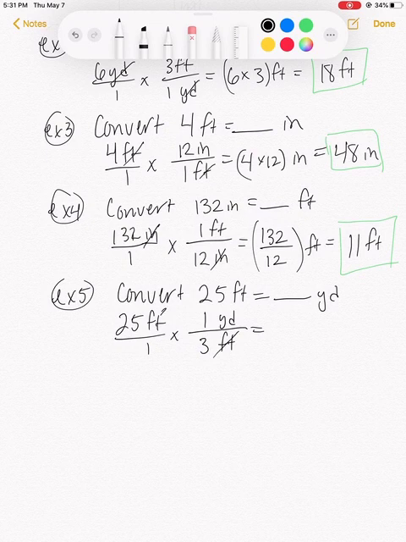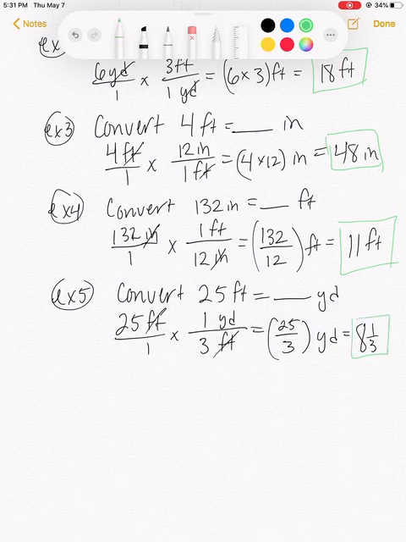The feet will cancel, and I get 25 over 3 yards. When I do 25 over 3, I get 8.3333 repeating, so I can write this as a fraction, 8 1/3 yards if I want. Always put your units in this class.